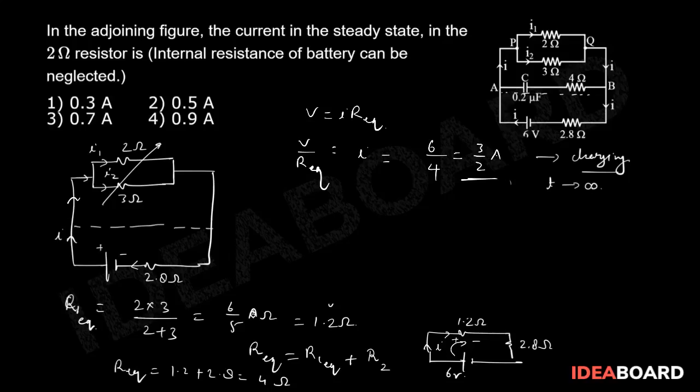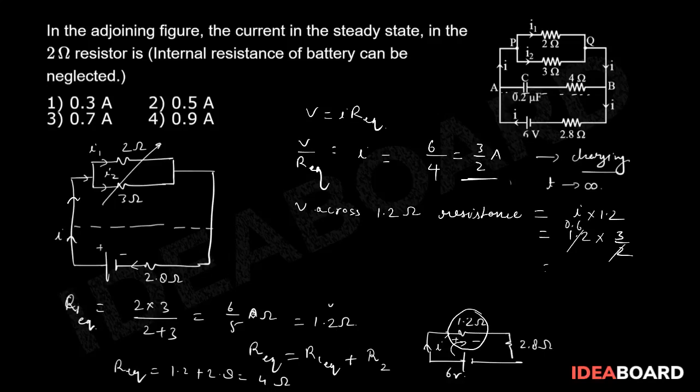So what is the potential drop across the 1.2 ohm resistance? V across the 1.2 ohm resistance is equal to I into 1.2, which is 1.2 into 3 by 2. This will be 1.8 volts.